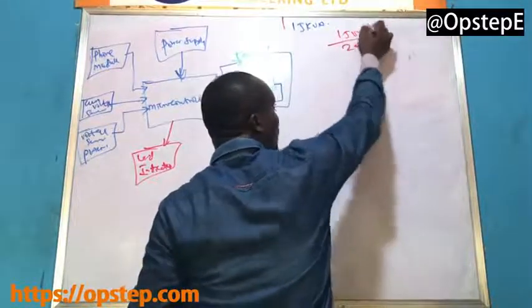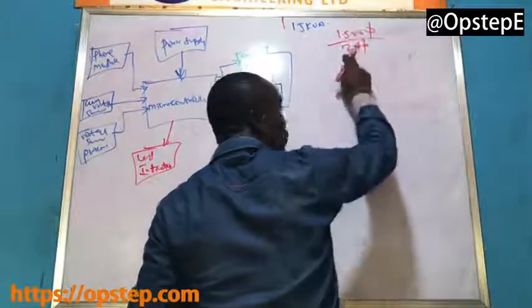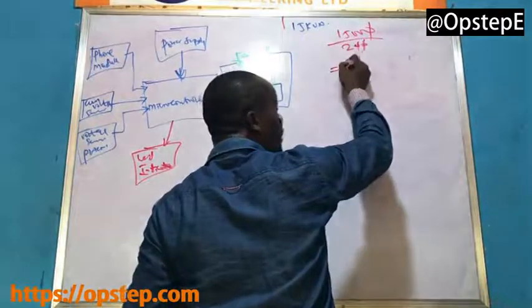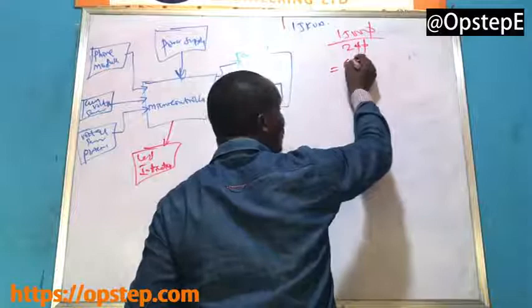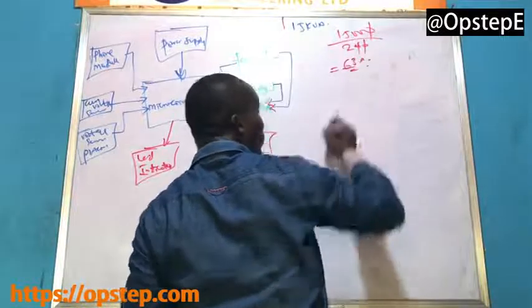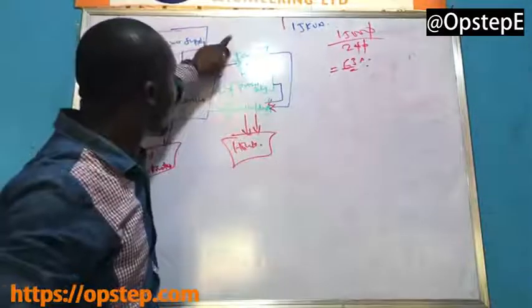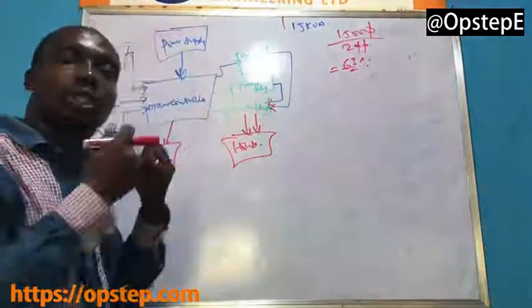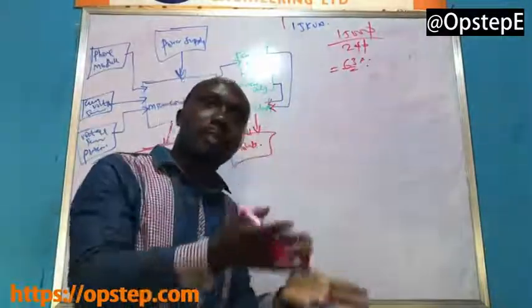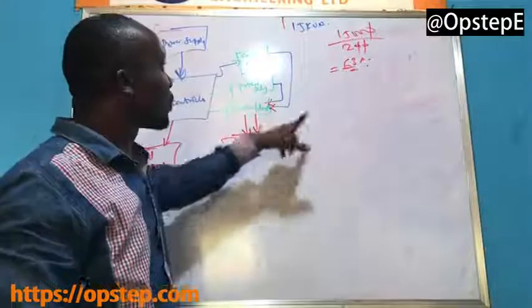So we pick the highest voltage. So that is 15,000 divided by 240, which is about 62.7. Okay, let's say 63 amps. Are you with me? So the relays that would make the voltage available to you must be able to stand up to 63 amps.